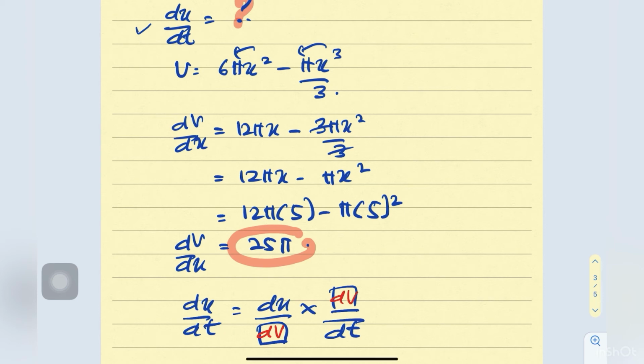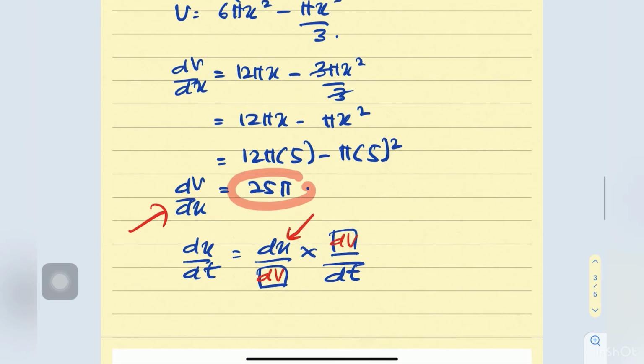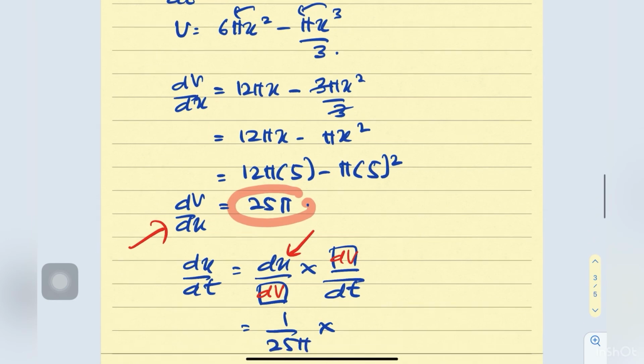Now you have dV/dx, and you want to substitute dx/dV. So 1 over 35 pi, times dV/dt just now from the question is negative 20.